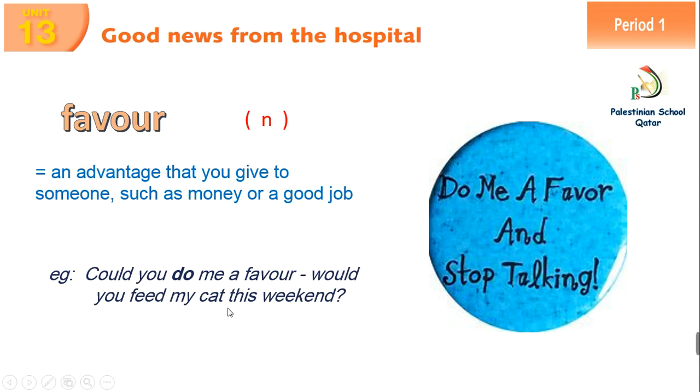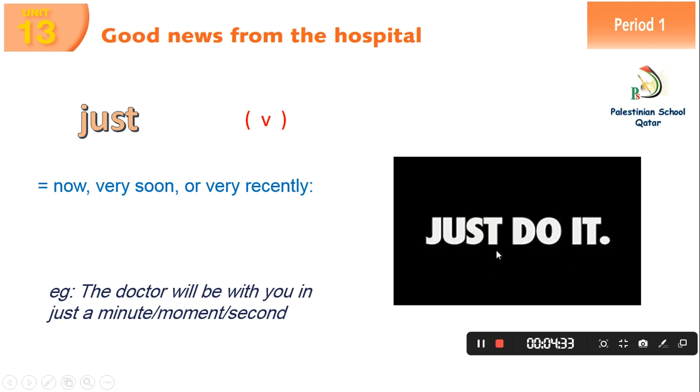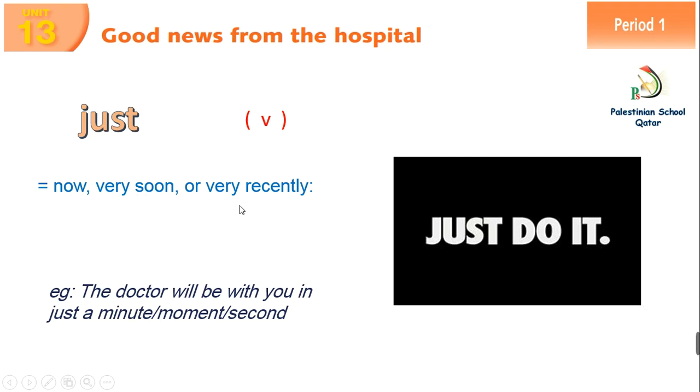Would you feed my cat this weekend? After favor, we have just. And you know, just do it. It means now, very soon, or very recently. And we can say also just you, it means only you. For example, the doctor will be with you in just a minute, moment, or second.